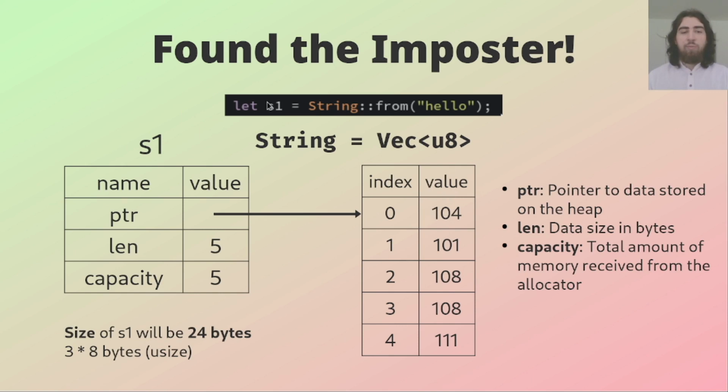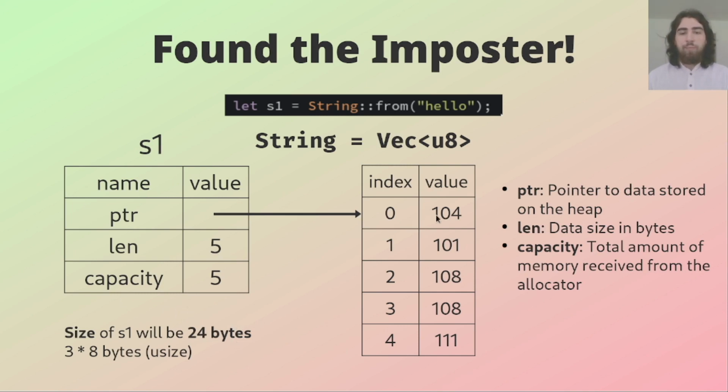So as you can see, when we have the S1 variable over here, S1 won't hold the actual data, but a pointer to the data allocated in heap memory alongside a length and a capacity, meaning S1 is a 3-word object of size 24 bytes.